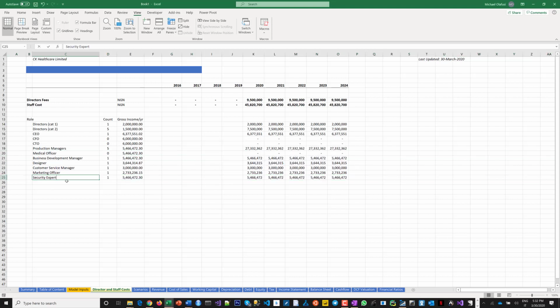So I'm going to say not a security expert, but security officer. Maybe they're going to need two, but they're not going to be paid a ridiculously high amount of money. They're going to be getting, say, 1 million a year.